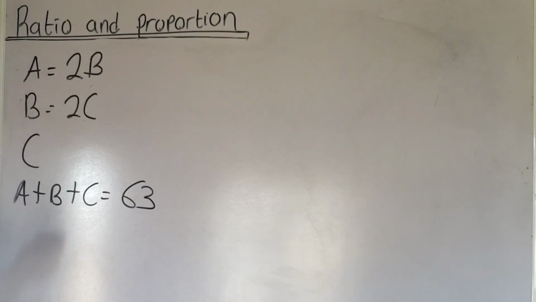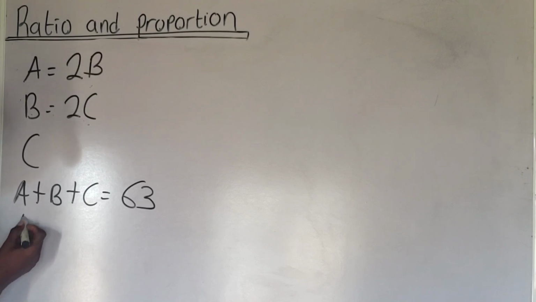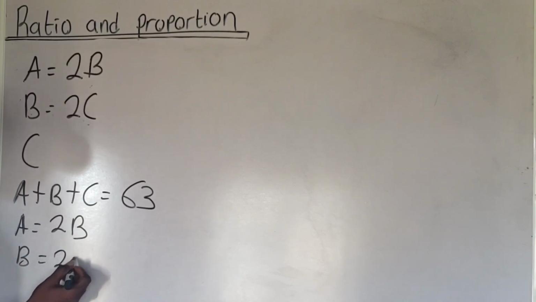Now, the next step is that I'm going to express the age of A and the age of B in terms of C. Please pay attention. A is equal to 2B and B is equal to 2C.